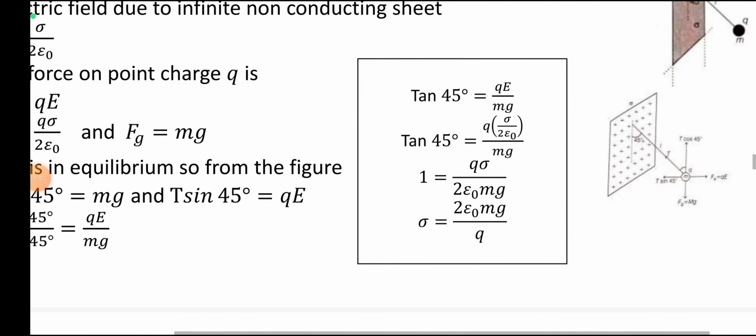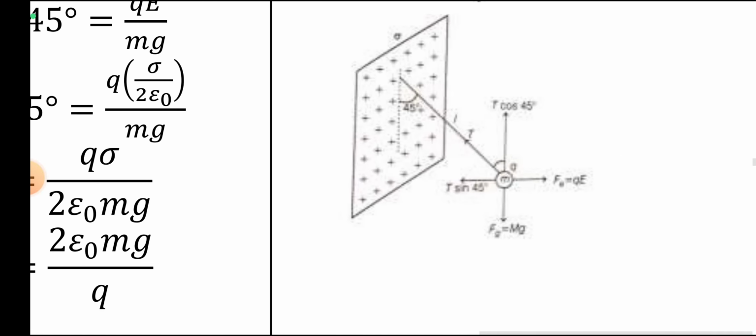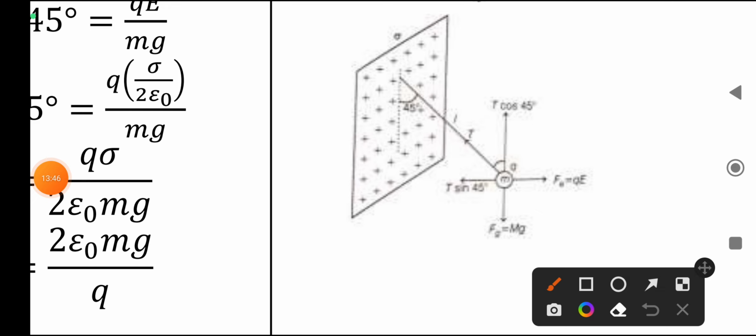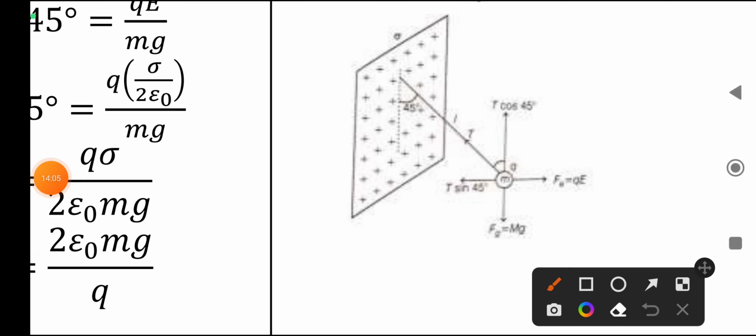Now see the diagram. It is a bob, and on this side the tension is T. This tension can be resolved into two parts, making an angle of 45 degrees. So one component is T cos 45 and the other is T sin 45.